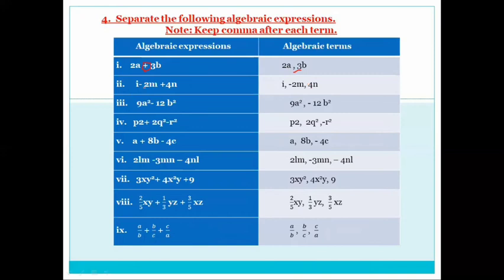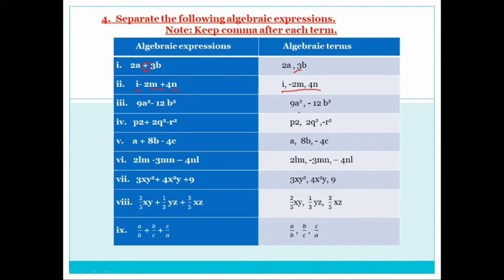And dear students, here I will keep a comma after each term. After minus 2m, I keep a comma here. And after 2m, I also keep a comma here. Dear students, in the third part, I have 9a square minus 12b square.